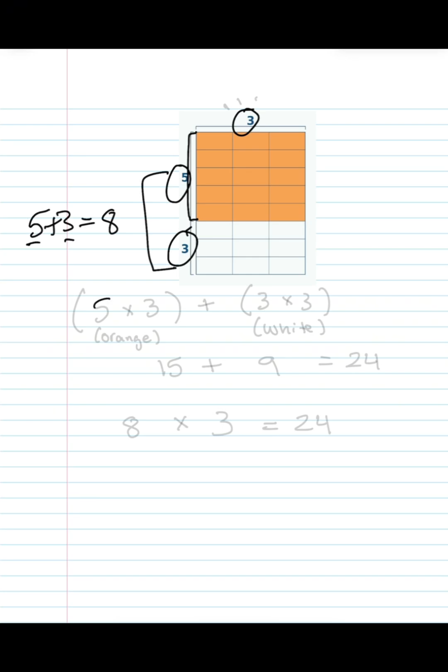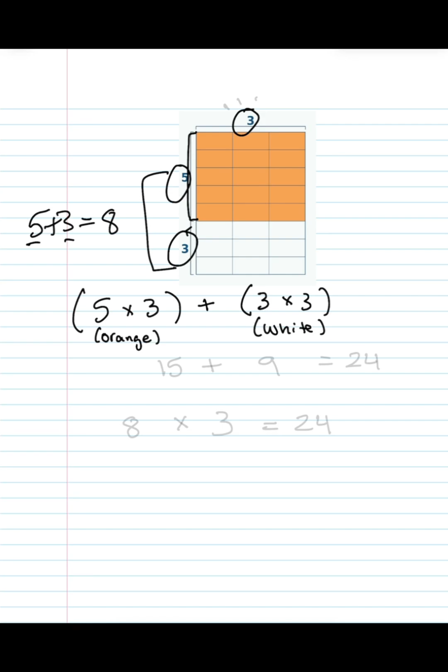So here you would have 5 times 3. I'm going to put that in parentheses so we know that's one area, plus 3 times 3. So that is the orange area plus the white area. So this is orange and this is white.